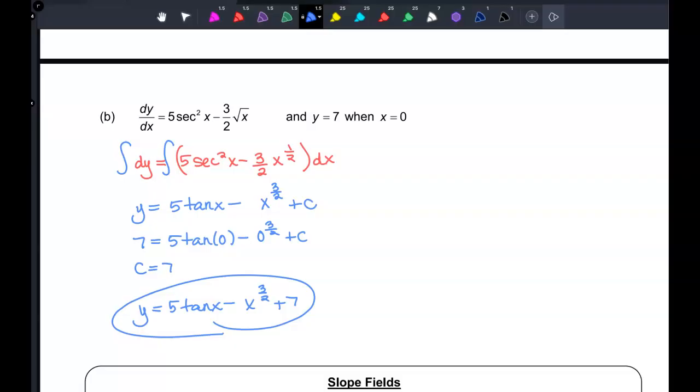Wait, no. Yeah, but your exponent doesn't change. Okay, with the minus x to the 3 halves.